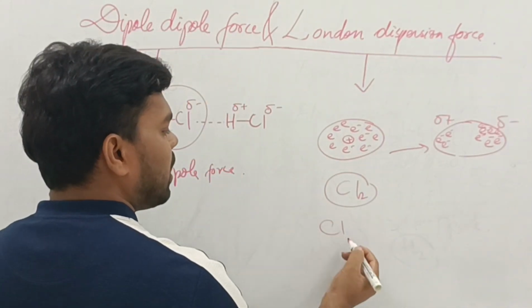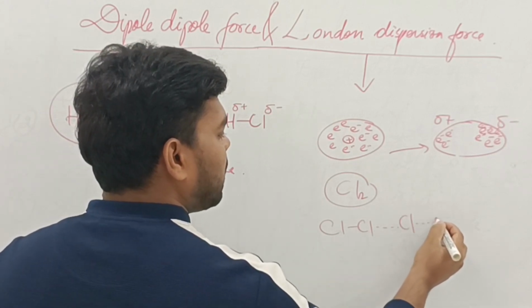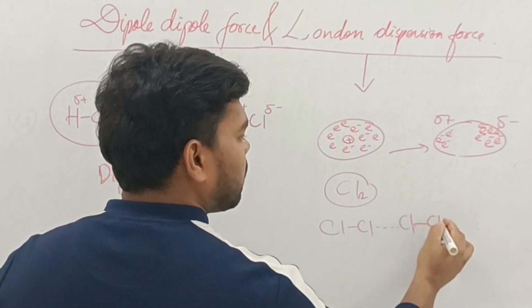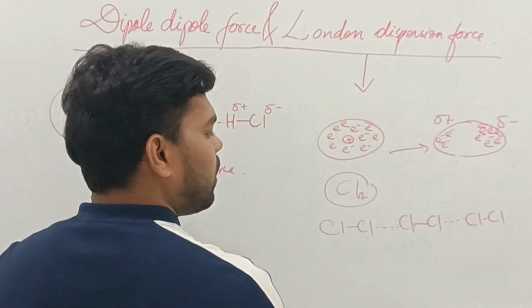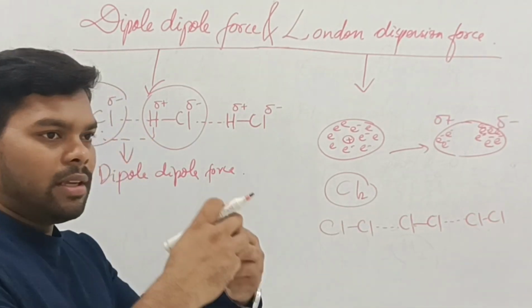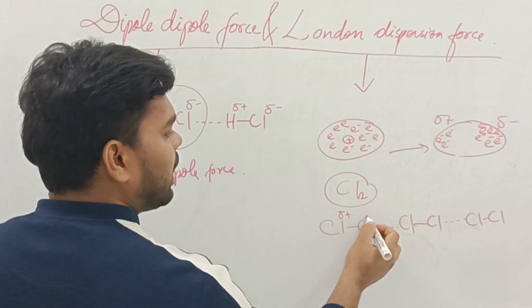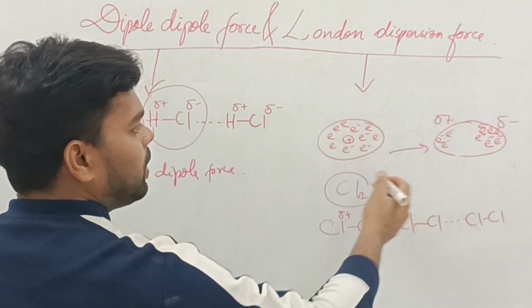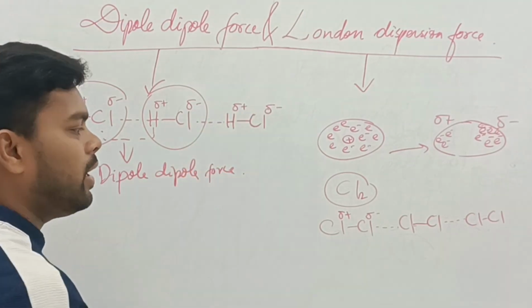Basically, here we can write like this: chlorine molecules interacting with another chlorine molecule, interacting with another chlorine molecule. In this case, an imaginary pole can be created, with positive and negative sides, as I explained. At one point of time that charge distribution can be seen.